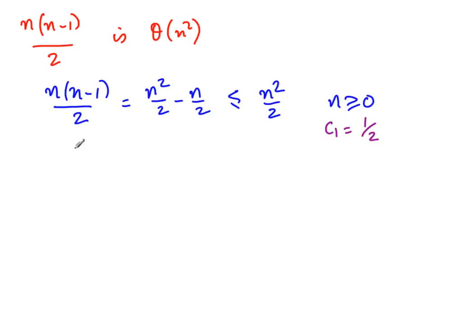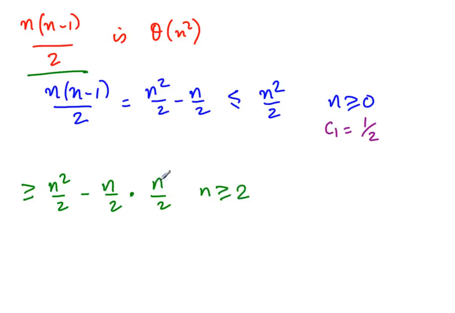On the other side, I can say that this function is going to be bigger than or equal to n squared by 2 minus n by 2 times n by 2, provided that this particular thing is at least 1. So I now need n to be bigger than or equal to 2, right? So that n by 2 will be 1, and so this is going to be bigger than or equal to n squared by 4 for n bigger than or equal to 2.